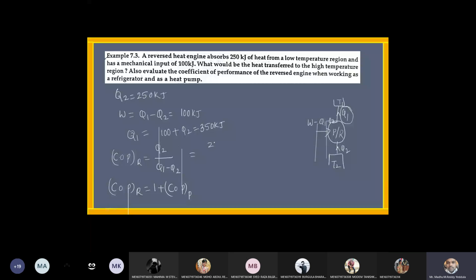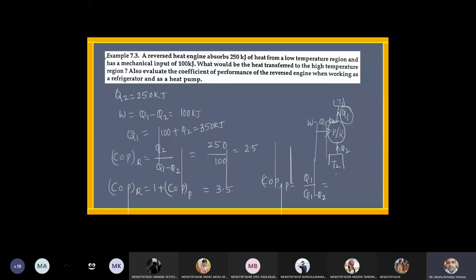So COP is equal to 250 divided by 100, so that is 2.5. I forgot to inform you, COP should always be greater than 1. This is for the refrigerator, and for the pump it will be 1 plus 2.5. Even if you calculate directly, you'll get 3.5, because COP of pump is equal to Q1 by Q1 minus Q2.